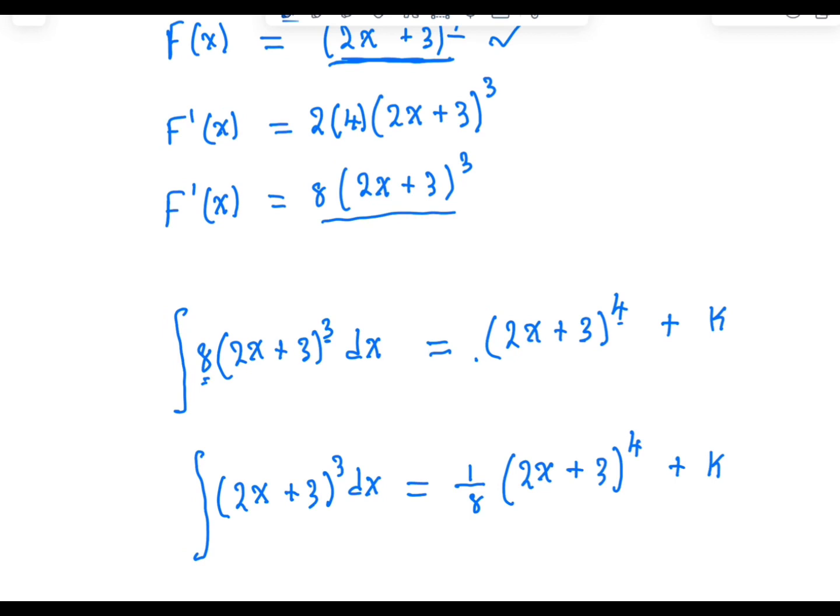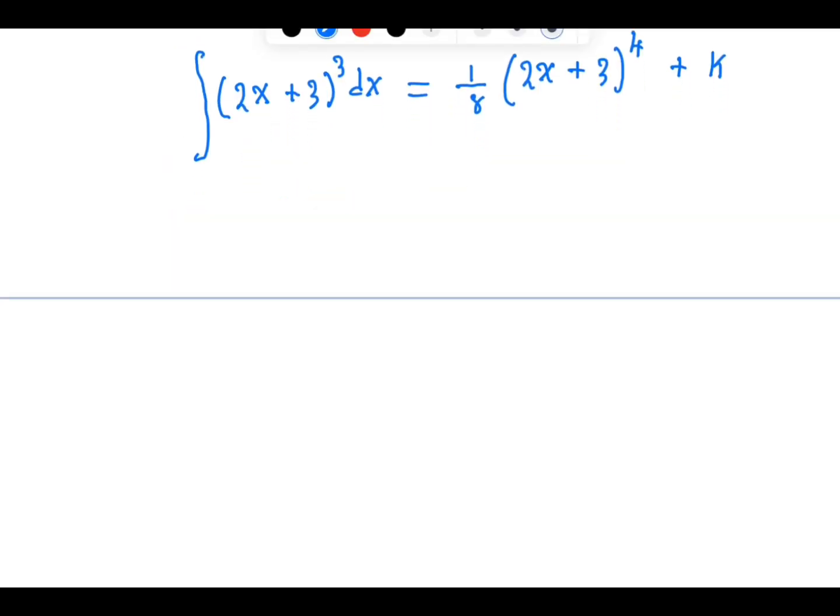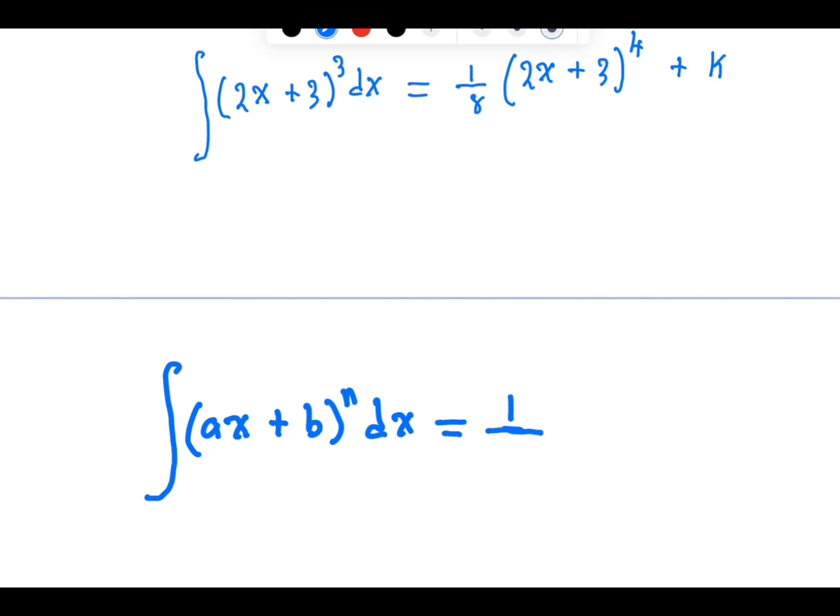Now, with this being said, we can establish a general definition. Let's say the integral of a function ax plus b all to the power of n with respect to x must be equal to 1 over, here, when you differentiate ax plus b, you get a, multiplied by the new exponent, because when integrating, you always have to increase the power by 1.